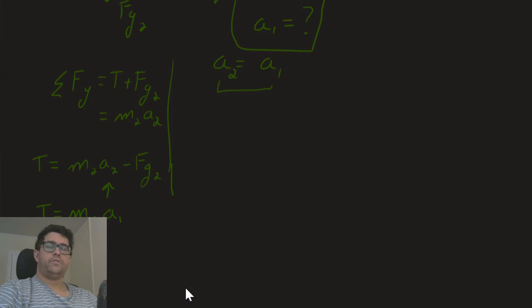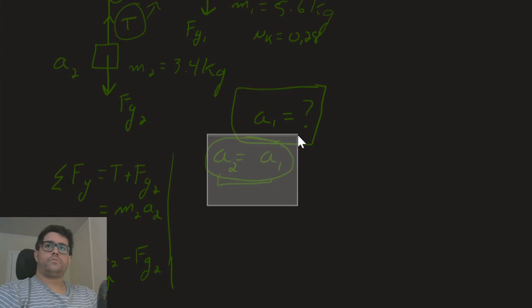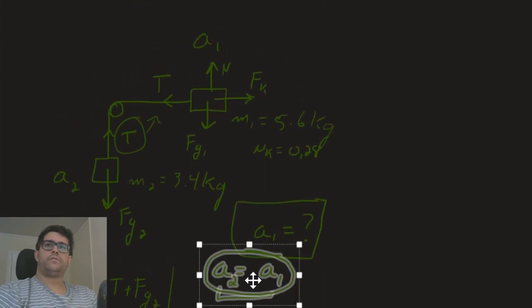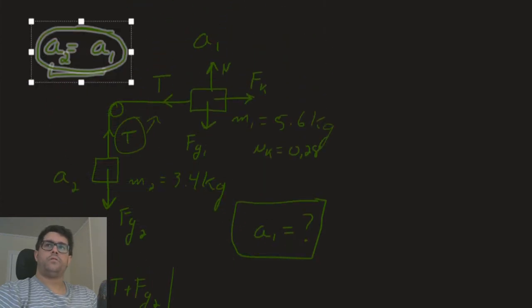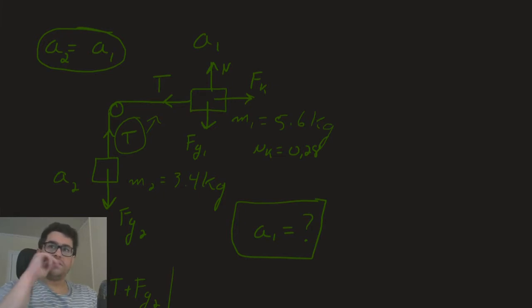Maybe we could do it later in the formula. But to recognize that this is the case matters. I'm going to bring this over here. And it simply states that when one is positive, the other one is positive, and when one is negative, the other one is negative.